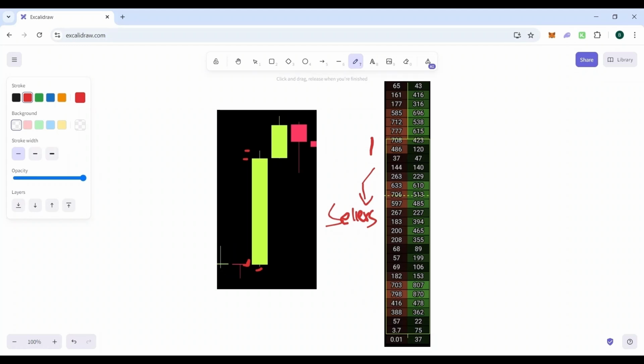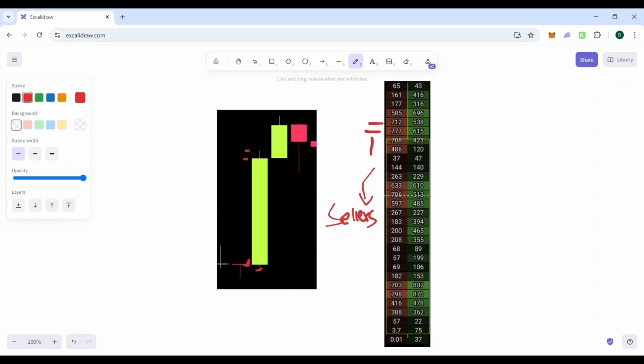So here, all right, you can see 712 orders are placed at this level, 777 orders placed here. So these are all sell orders that hit on the bid.